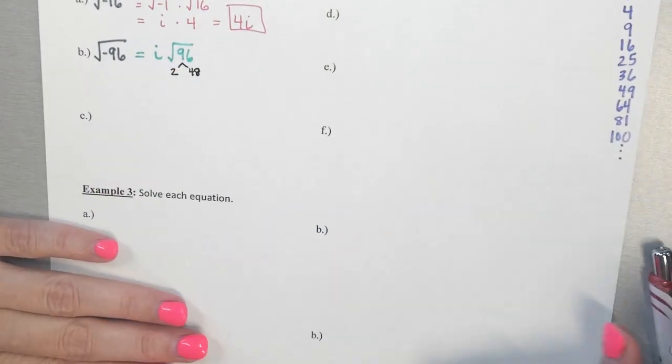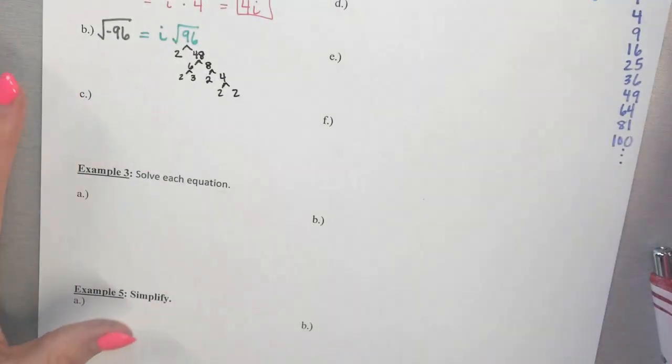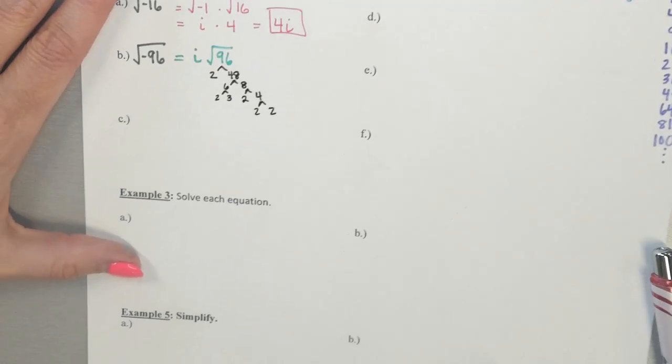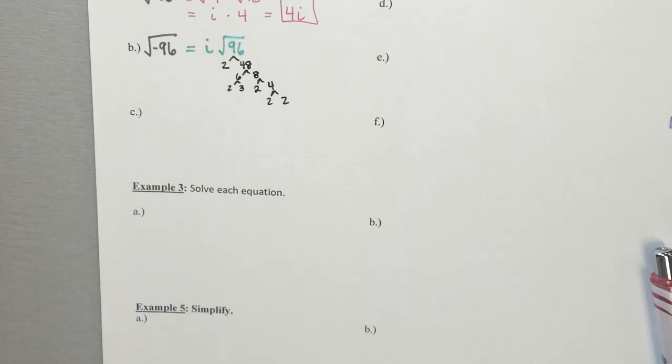You can keep going by 2. If you'd rather do a 6 and 8, you could do that. This would be 2 and 3. You just keep going until all your factors are prime. So this would be times 4, and this would be 2 times 2. If there's a group of 2, you can bring those out.